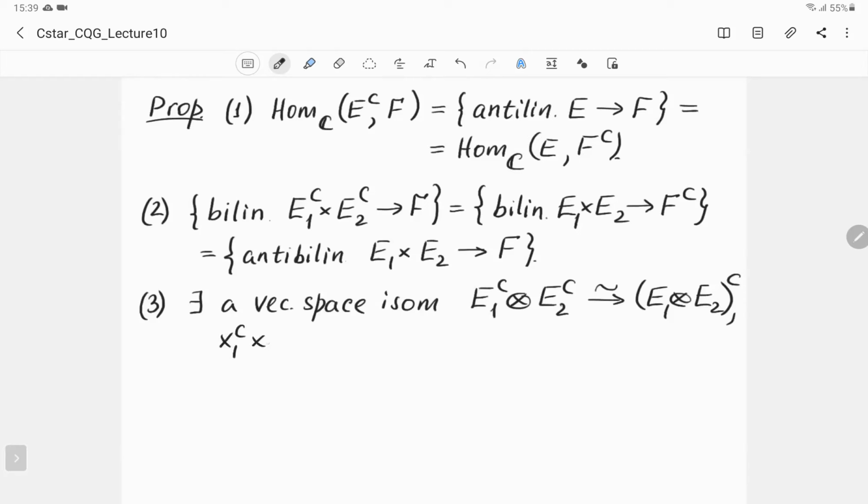It takes each element of the tensor of the following form to x1, x2 conjugate. Okay, in fact, the only statement which is not entirely trivial is part 3. Parts 1 and 2 are clear from the construction of the conjugate space. So let's prove part 3.